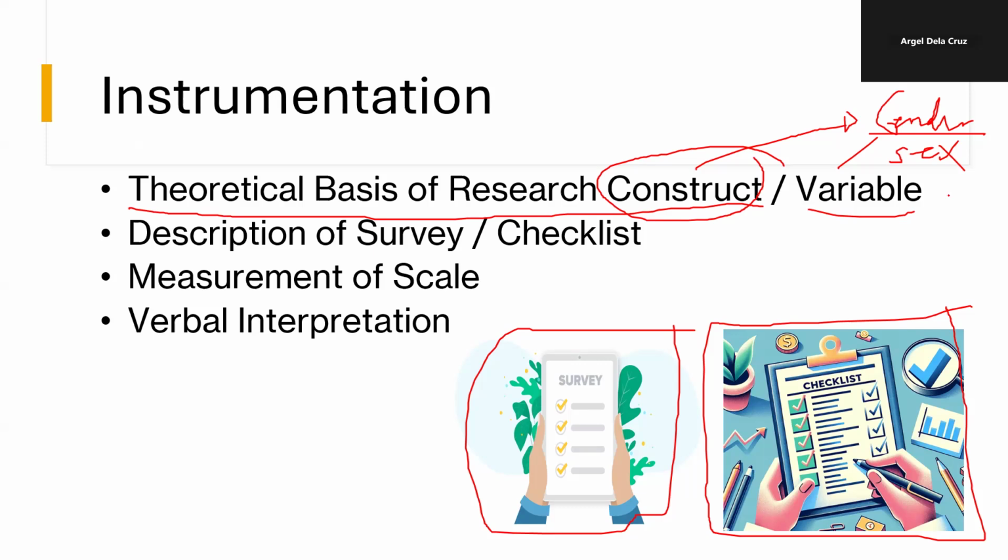So, yun siya. Another example that could be used in our field is variable. Ano bang variable natin madaling gamitin? Variable, let's say, satisfaction. Variable yon. Now, pag nilagyan mo siya ng tourist satisfaction, that is construct.